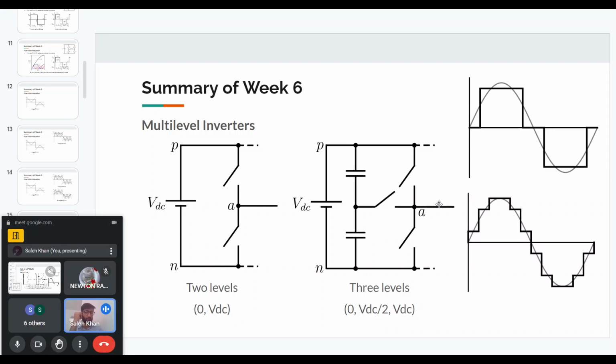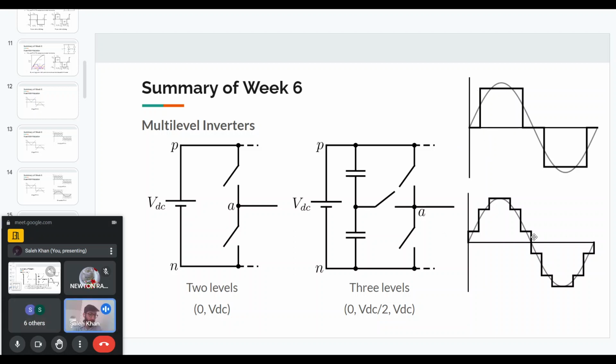Why do we use multi-level? For a two-level inverter, where we have 0 and positive, and then the same on the negative side, we have a square wave or quasi-square wave at the output, but we would ideally want a sinusoidal wave. In this case, the error between what we desire and what we actually get is quite high, because we only have two levels, 0 and the full VDC.